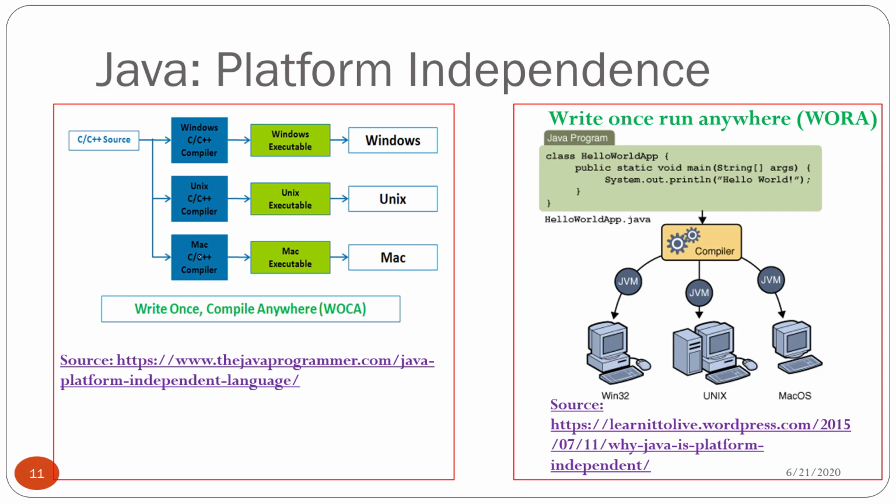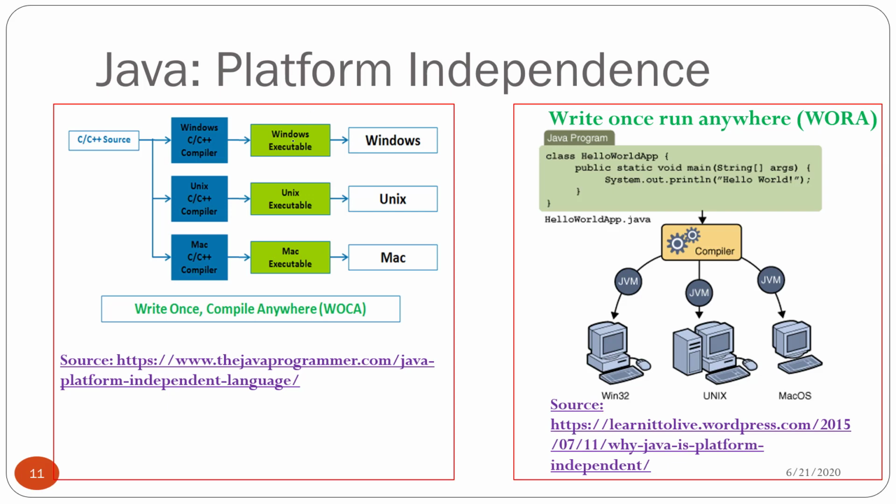Similarly, the Mac will convert it into the Mac executable. And why do we need these specific executables? Because the Windows executable is to be run by a Windows machine, the Unix executable by a Unix machine, and similarly the Mac executable by a Mac machine.